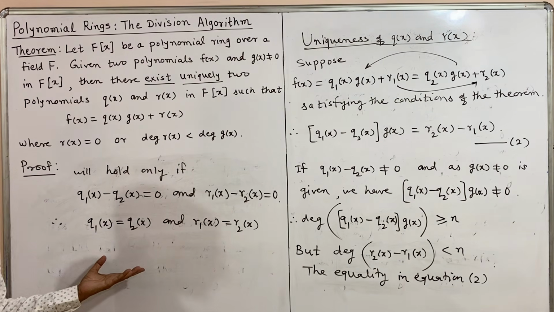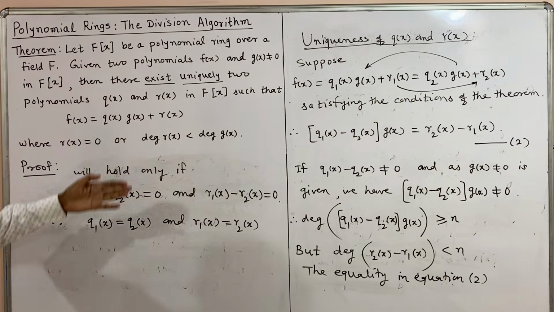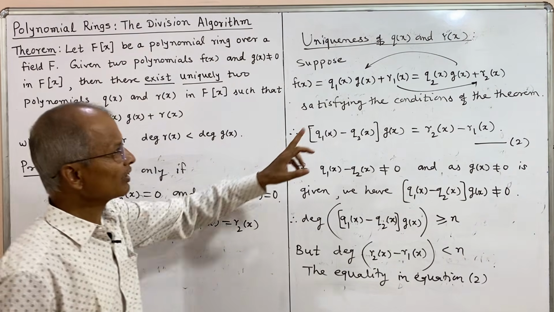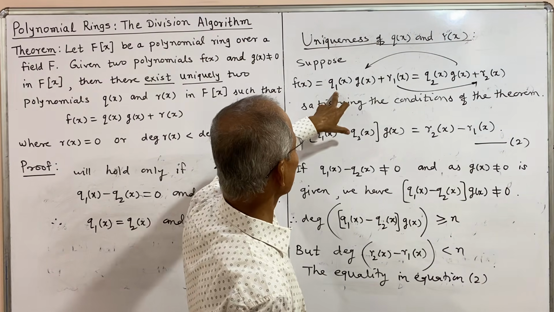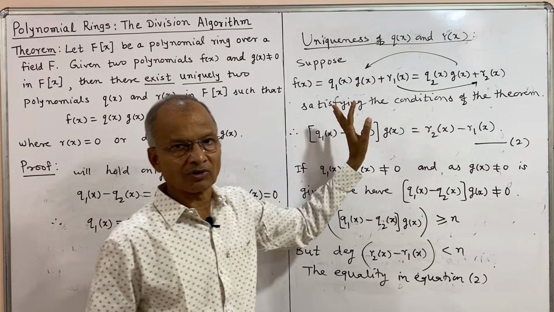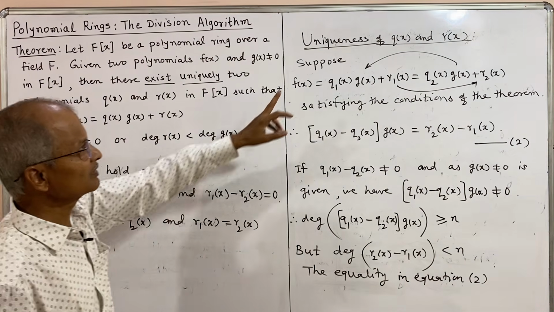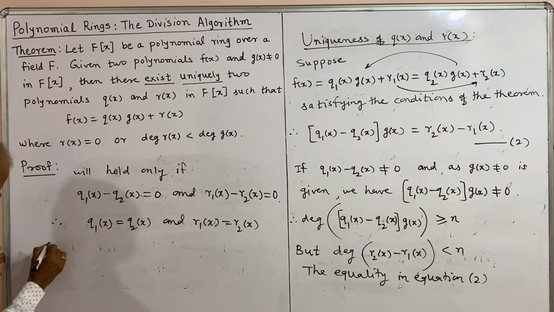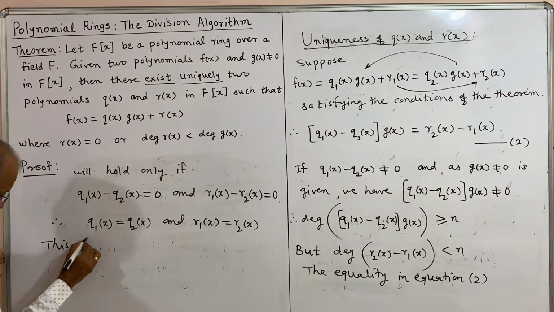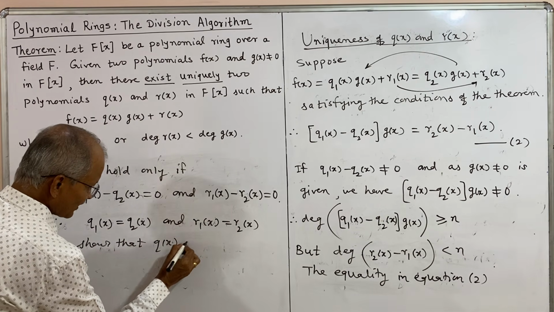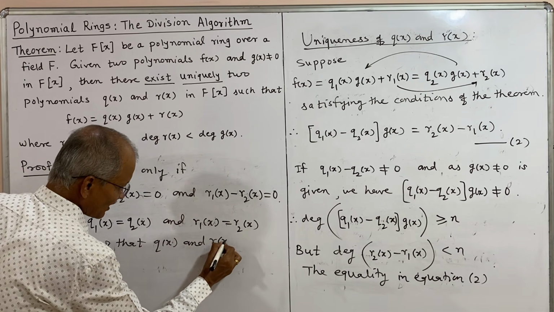So this proves the uniqueness. That means the quotient polynomial is unique and the remainder polynomial is also unique. We assumed here two expressions for f of x with different quotient and remainder, but they are equal. That we have proved, and hence q and r are unique. So this shows that q of x and r of x are unique.